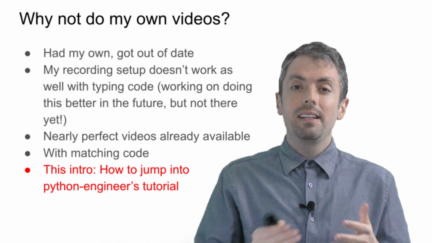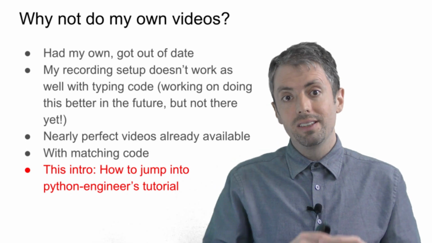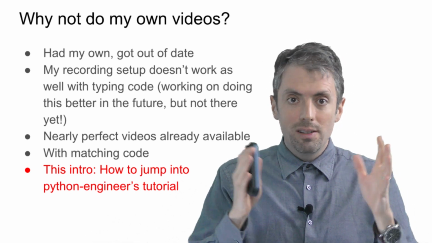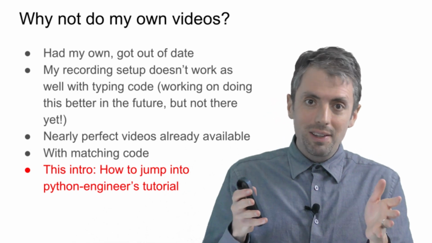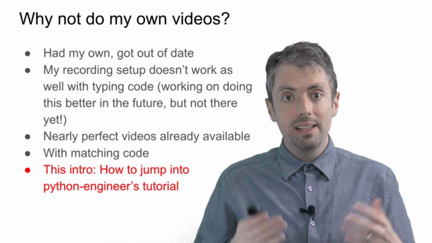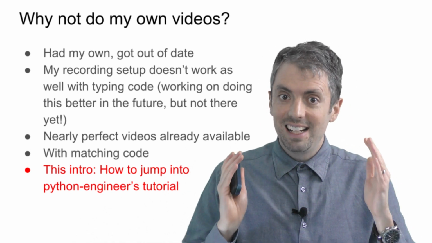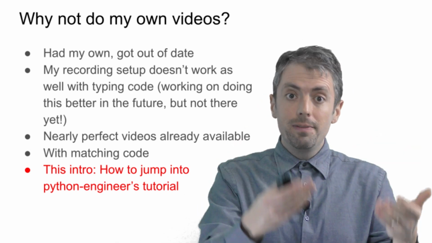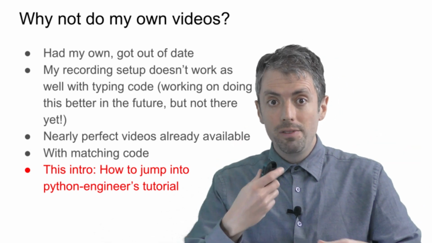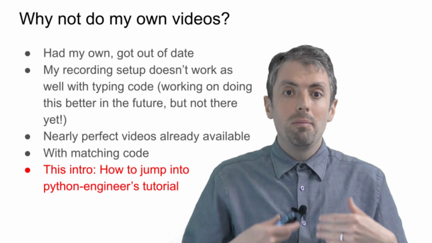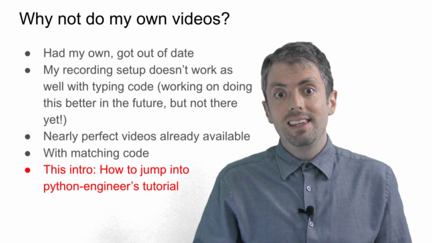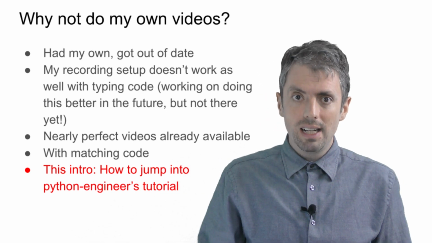What I'm going to do instead is drop you into Python Engineer's excellent introduction, somewhat halfway through his playlist. You can go back and look at his other excellent videos if you want to get caught up, but this video will try to review some of the things that might be new if you're watching the selected videos for the first time.